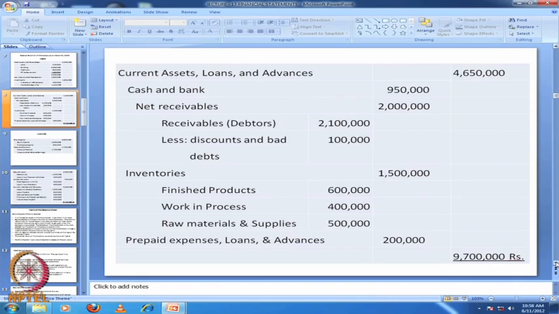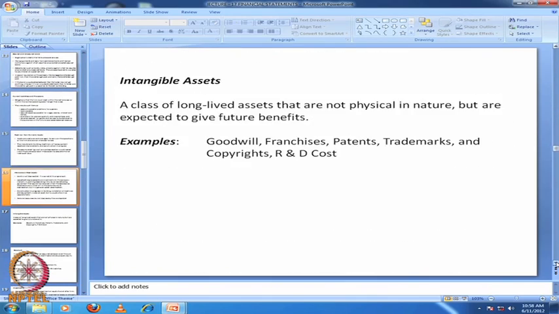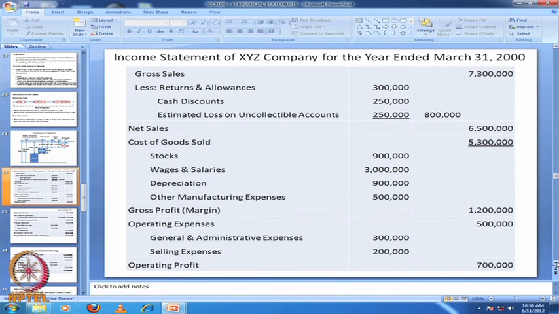And if you look at the income statement, the net sales is 6,500,000, whereas the cost of goods sold correspondingly was less, 5,300,000.